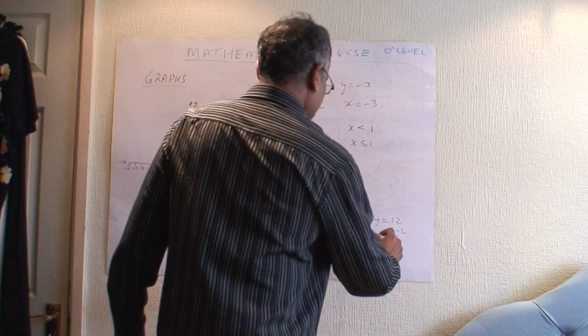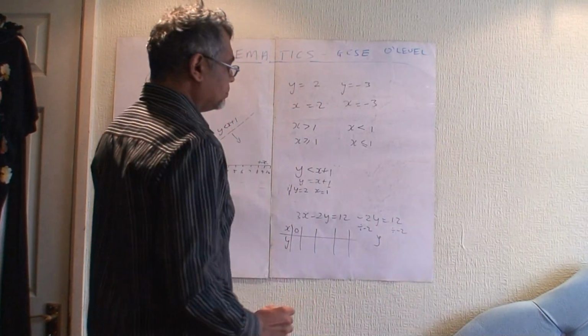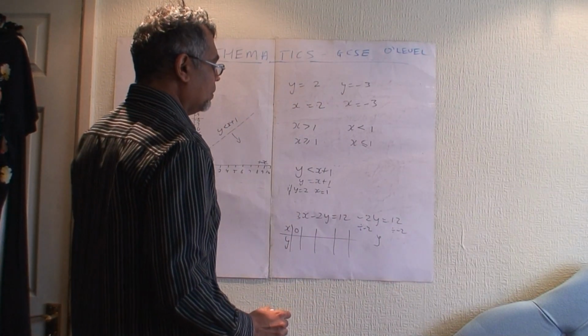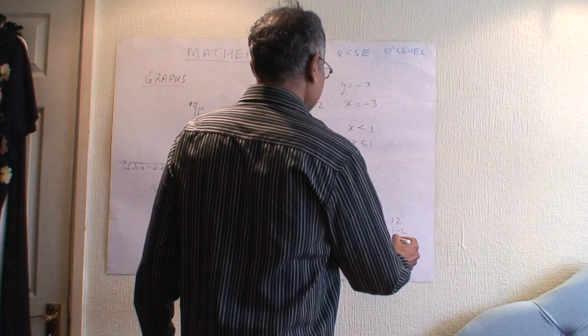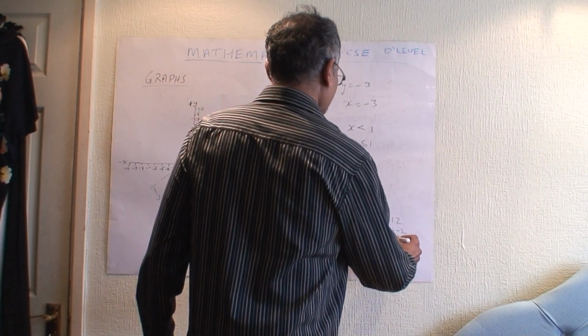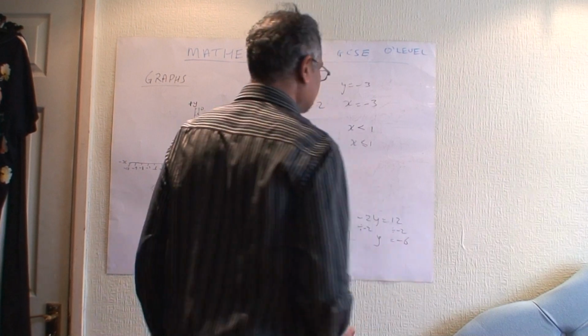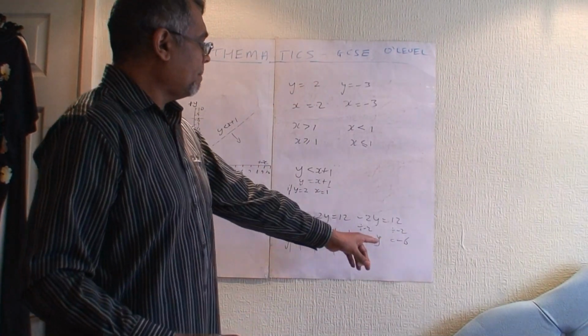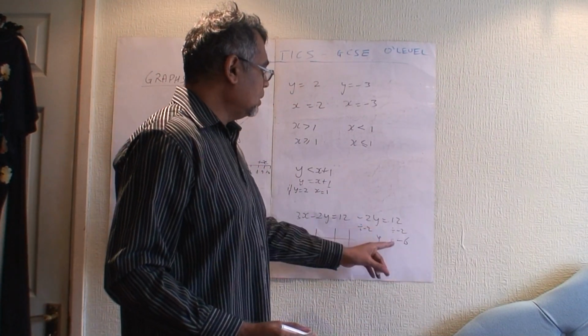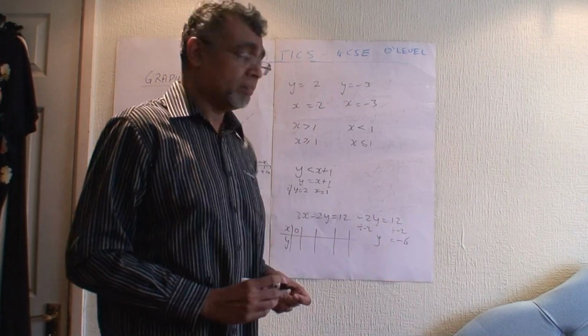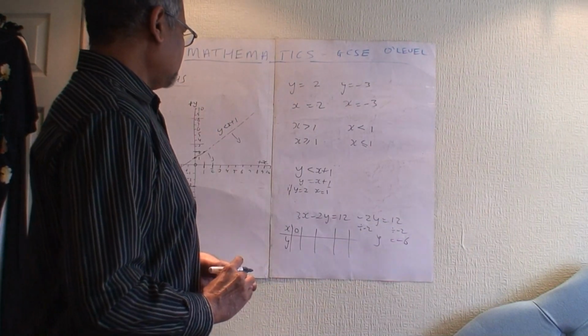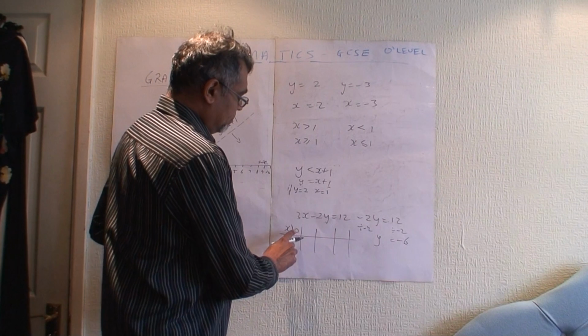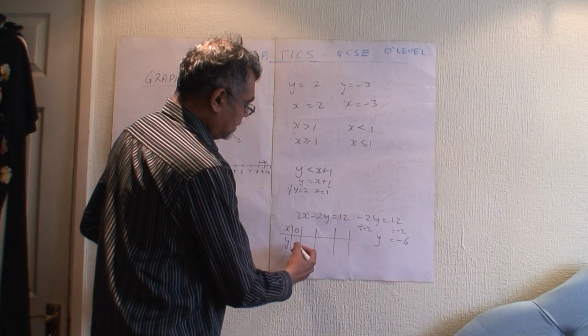So you're going to have y is equal to minus 6, because minus 2 multiplied by minus 6 is 12. So therefore, if x is 0, then y is minus 6.